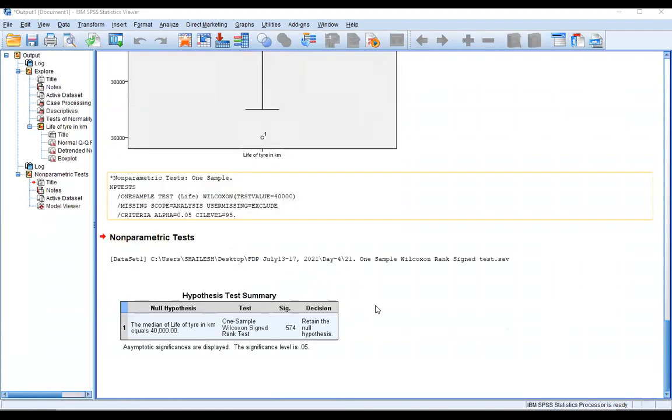Okay. The purpose is, because in a non-parametric test, I told you we use the median value. Why?